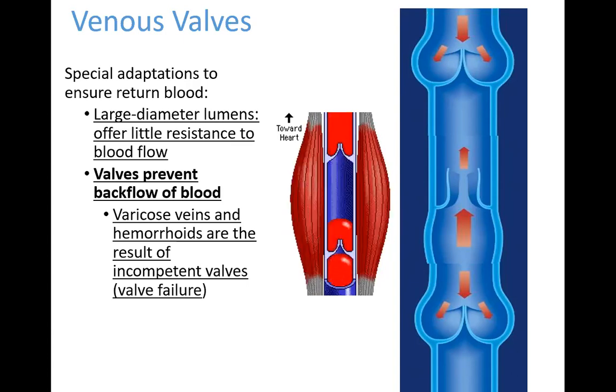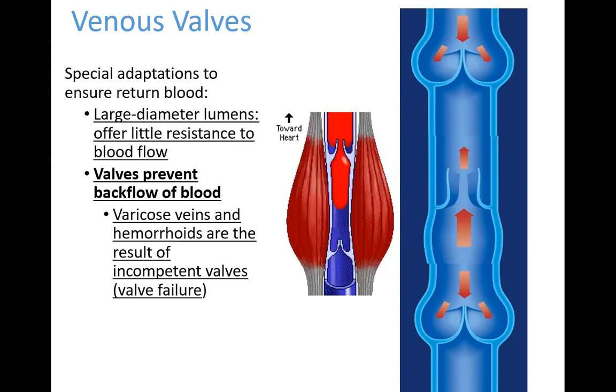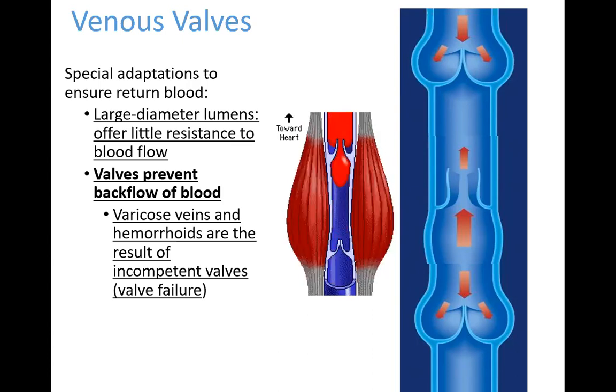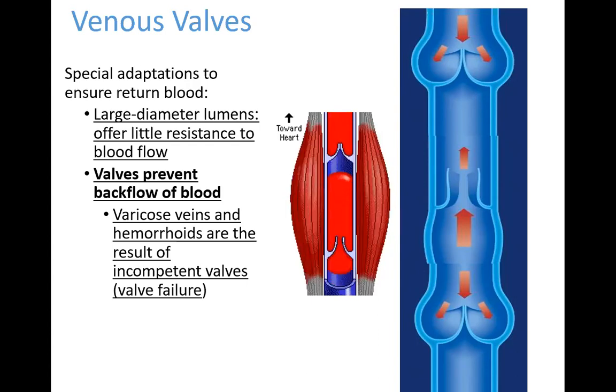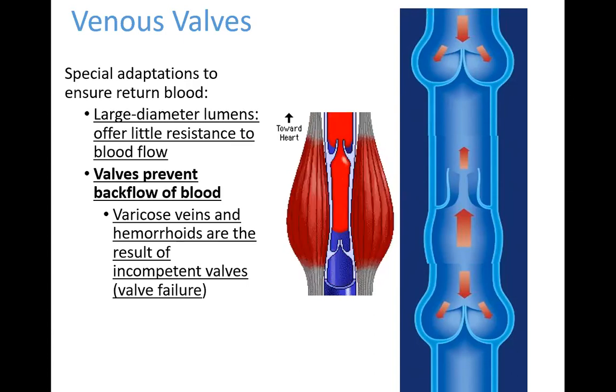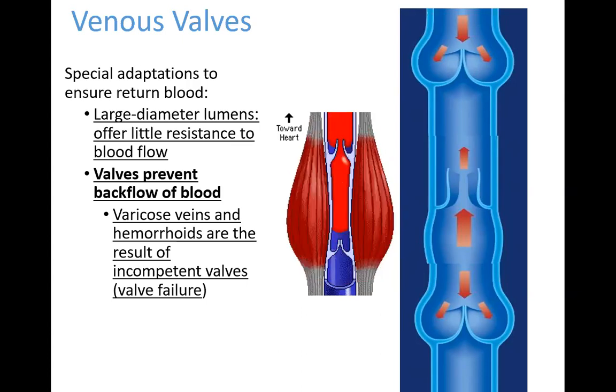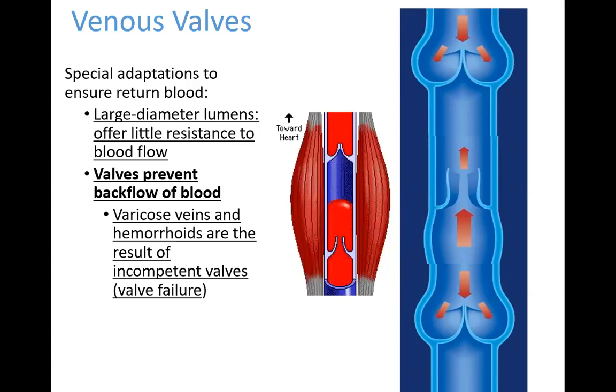If you have a patient in an occupation where they're on their feet all day long, 12 hours at a time, or something like that, it's not unusual for them to develop varicose veins caused by these valves gradually failing.